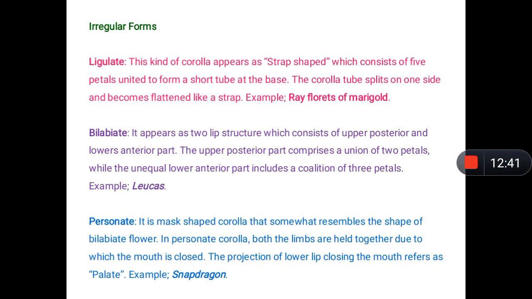Then personate. It is a mask-shaped corolla that somewhat resembles the bilabiate flower. In personate corolla, both the lips are held together so the mouth is closed. The projection of the lower lip closing the mouth is referred to as the palate. An example is snapdragon.